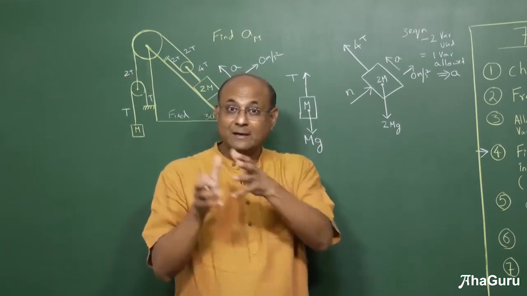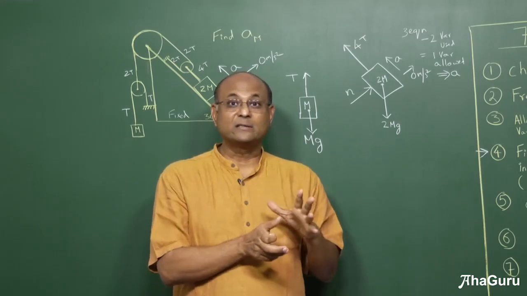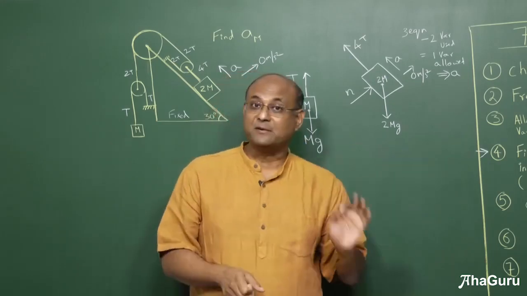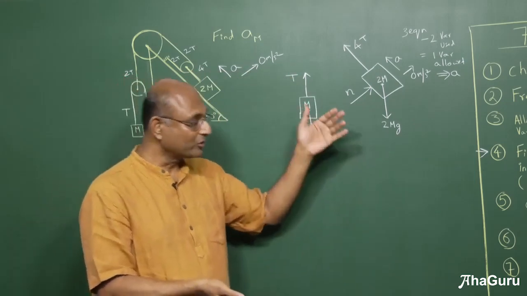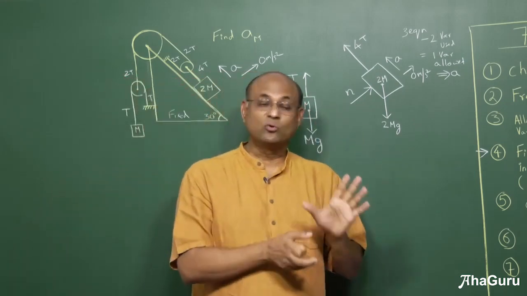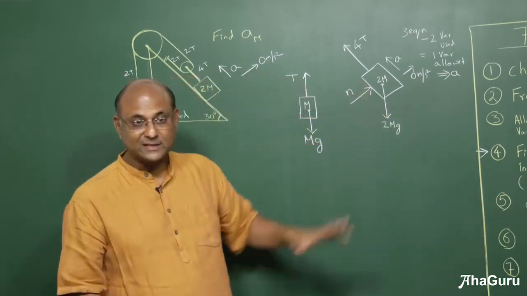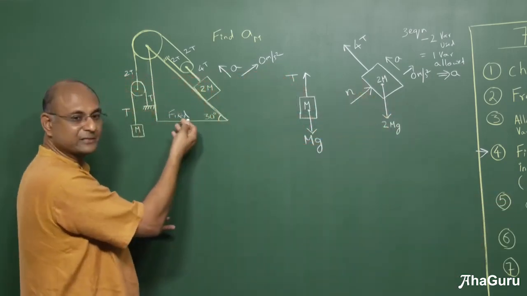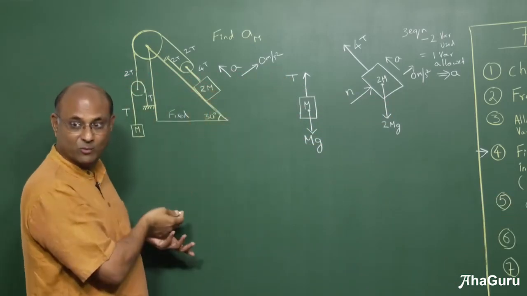But the moment the inclined wedge is moving, then it's not at all clear that you should resolve mg first. Sometimes it's actually good to resolve N. Sometimes it's good to resolve mg. And you don't know what to do unless you get to step 5. That's why I have not yet resolved in this case. Though actually for such cases where it is fixed, I will start off by drawing two forces instead of drawing one force.